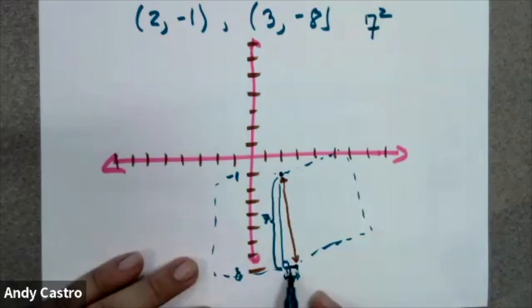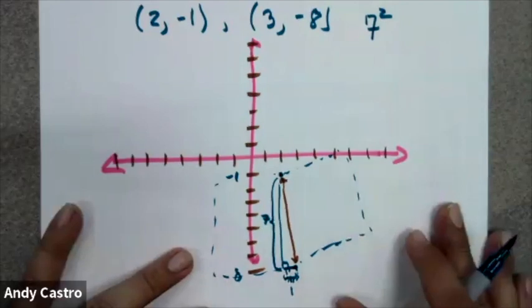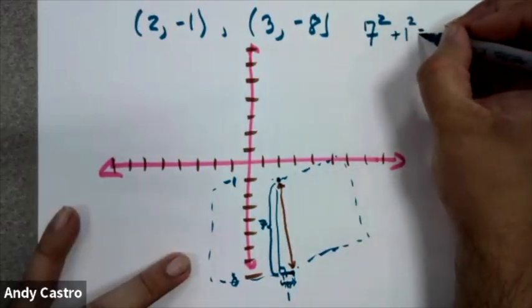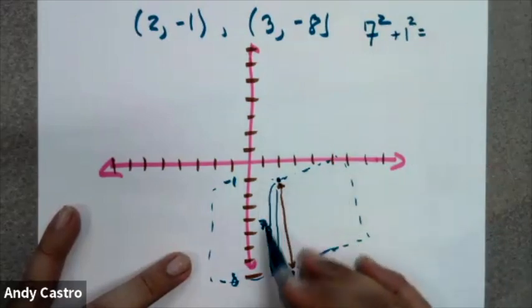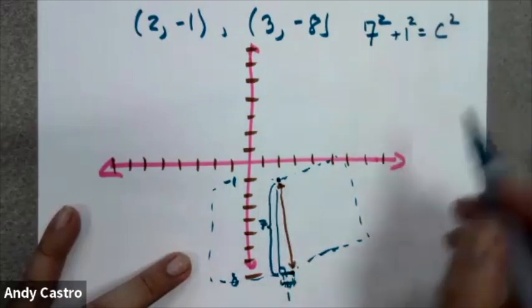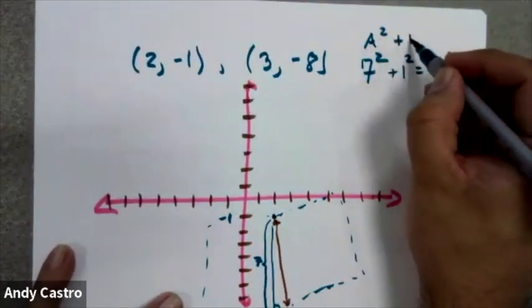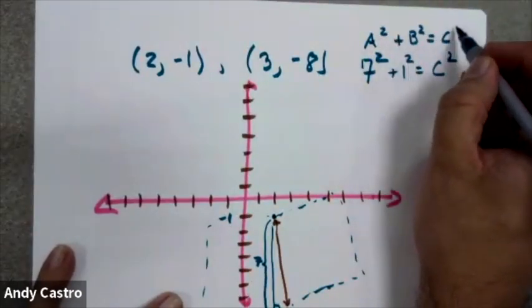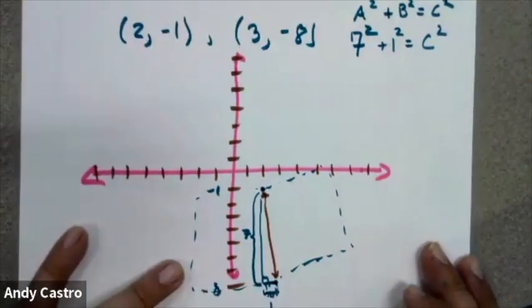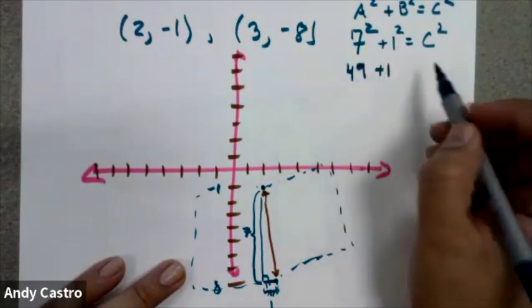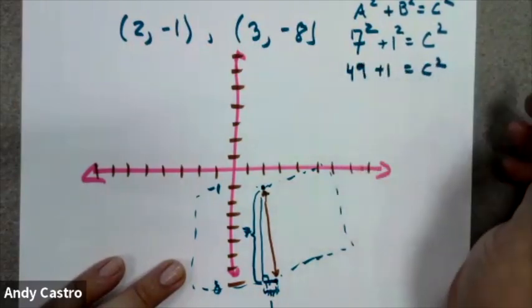And all four sides of this little one here, with one side being 1, the area would also be 1 times 1, or 1 squared. And then that would equal this, c squared. Or, as we saw before, a squared plus b squared is equal to c squared. All right, so this becomes 49 plus 1 is equal to c squared.